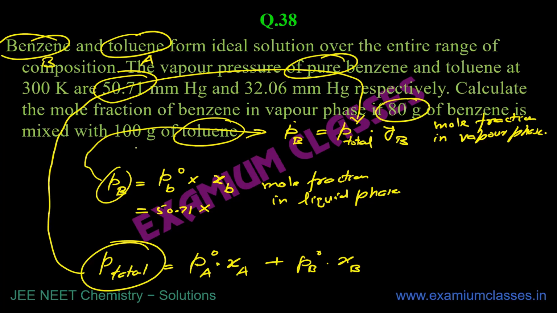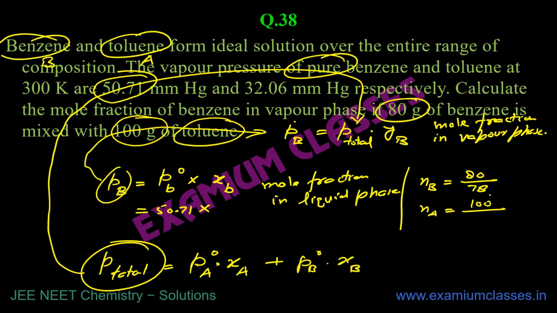80 gram benzene is in 100 gram of toluene. So how do you calculate? NB will be 80 grams, 80 divided by the molar mass of benzene, which is 78. And then you have NA as toluene. Toluene will be 100 gram divided by its molar mass.